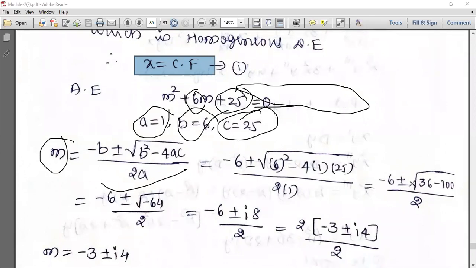That is 36 minus 100, which is minus 64, divided by 2. Square root of minus 1 is i and square root of 64 is 8, divided by 2. In the numerator 2 is common, so minus 3 plus or minus i into 4.